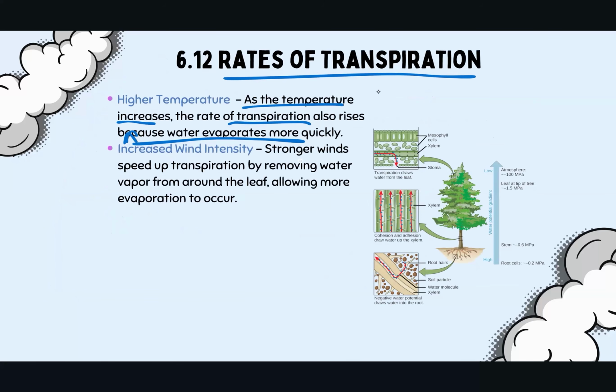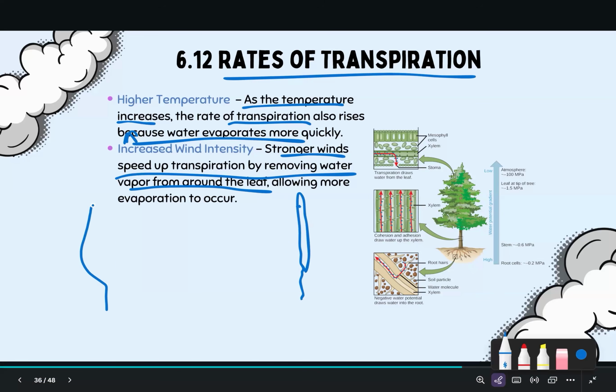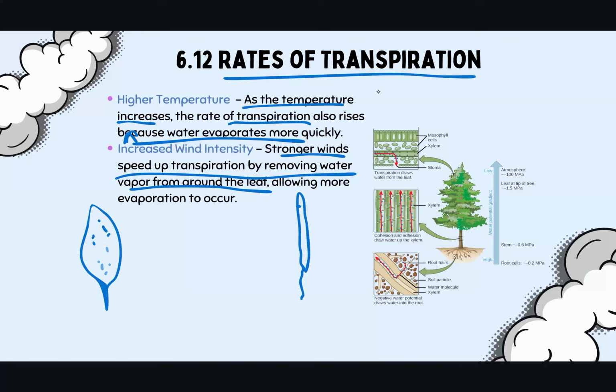Next thing is increased wind intensity. Strong winds speed up transpiration by removing water vapor from around the leaf, allowing more evaporation to occur. So imagine this is a sidewards view of the leaf, and the leaf is full of water. Water has now diffused out as well.